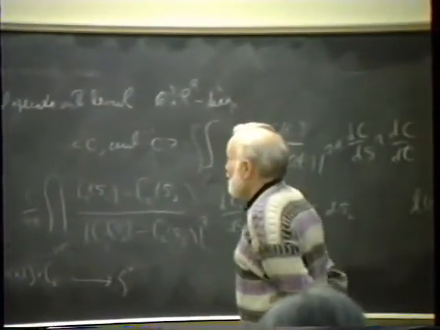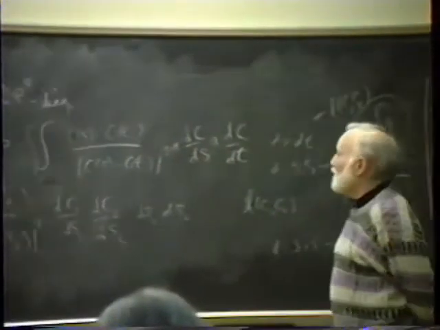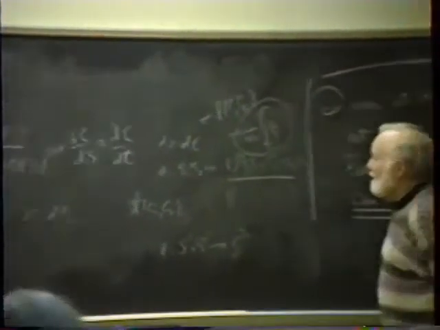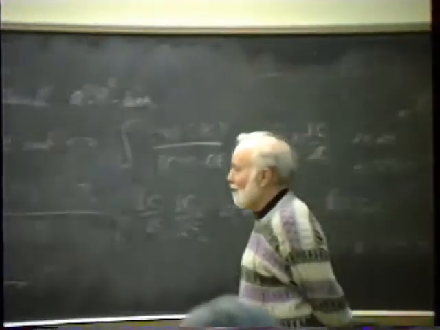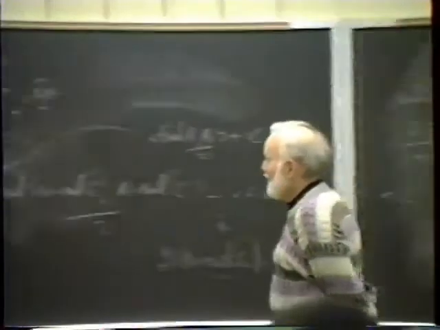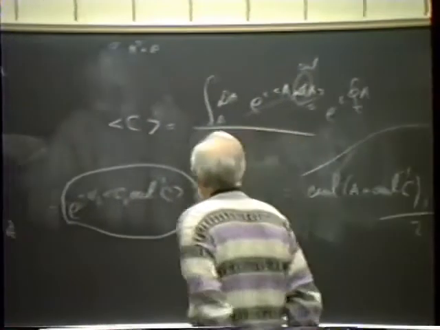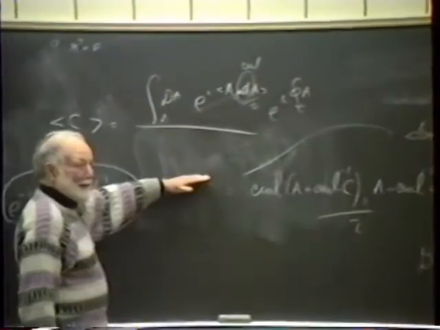Okay, I've now made the several points I wanted to make about what happens in the abelian case. The third point I want to make is this business of killing the numerator and denominator.